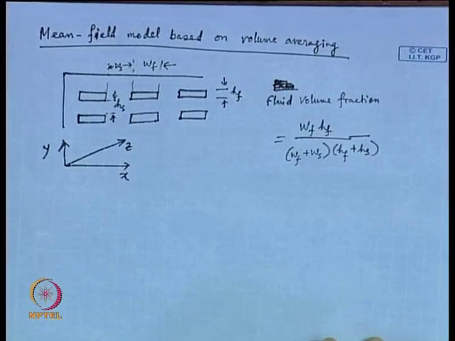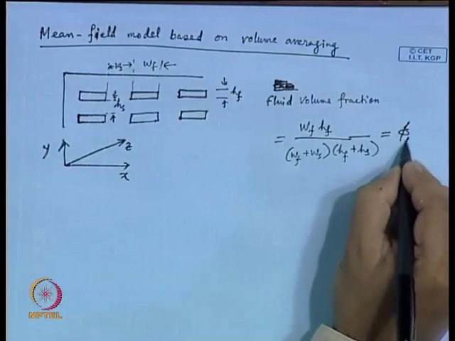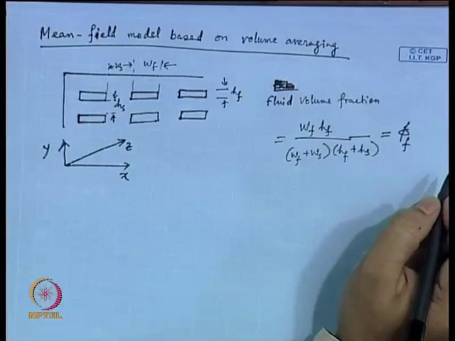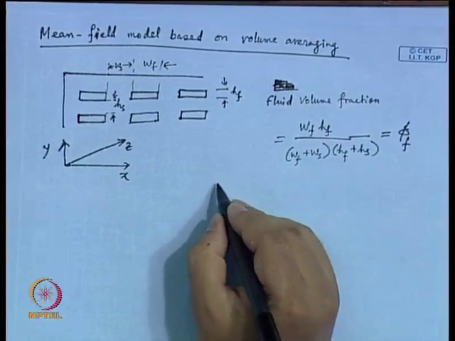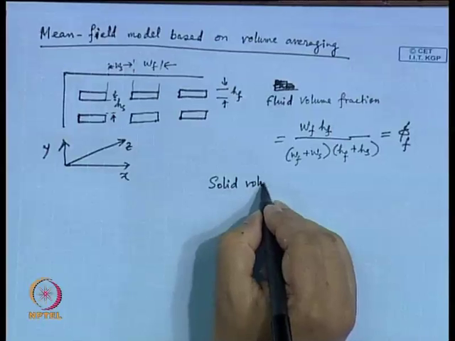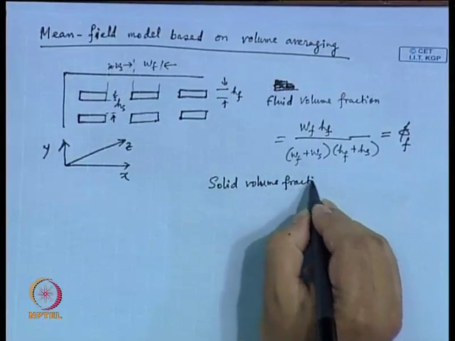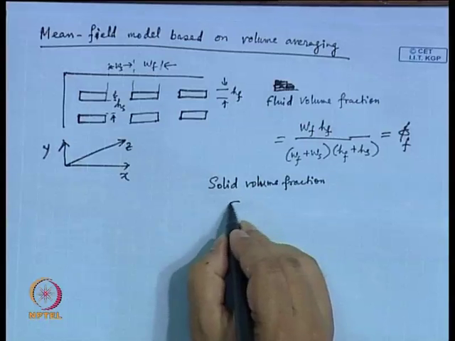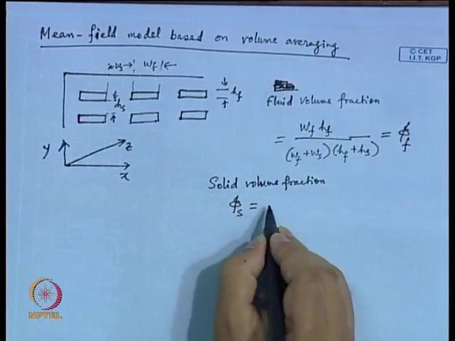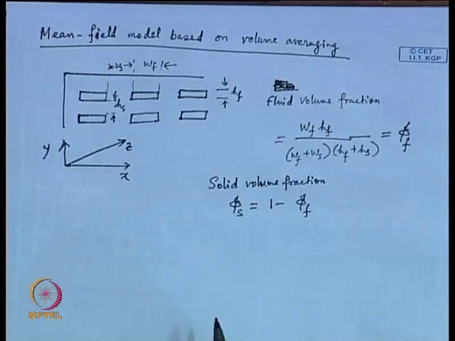This is how you define the fluid volume fraction, and we call it phi f. And then the solid volume fraction, phi s, is equal to 1 minus phi f.